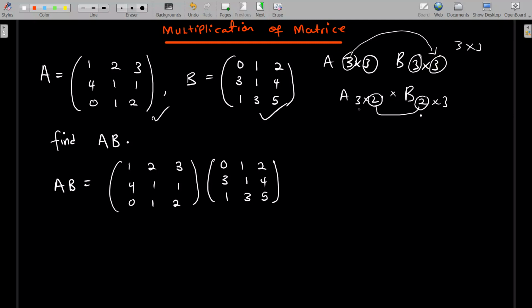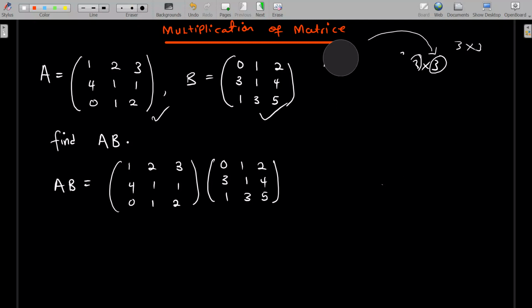On the other hand, if we had a 3 by 2 and then a 2 by 3, the final answer will be a 3 by 3 matrix. So assuming I have A which is 3 by 1 multiplying B which is maybe 1 by 3, because this and this should be the same before you can multiply them, then the final answer should be a 3 by 3 matrix. Alright, so let me clean this and then talk about how to multiply matrices.